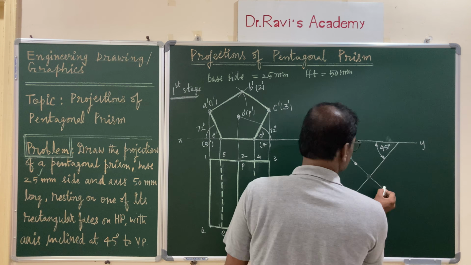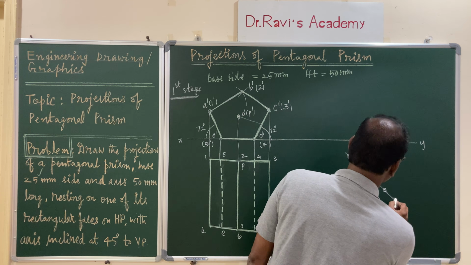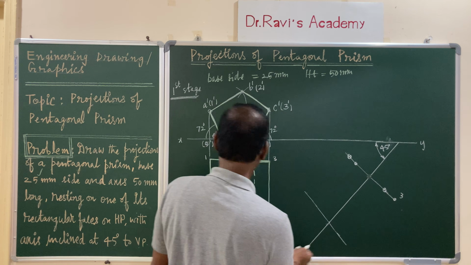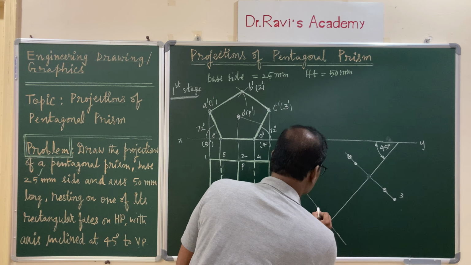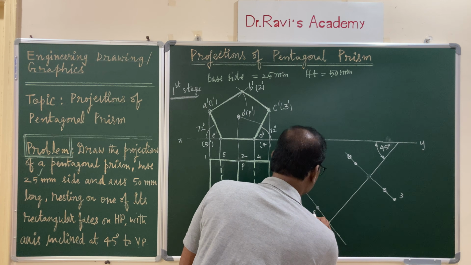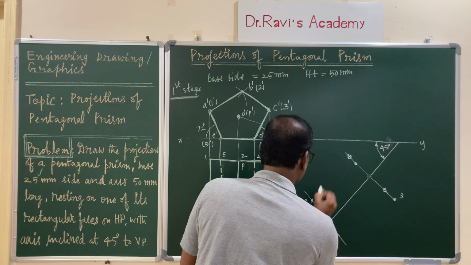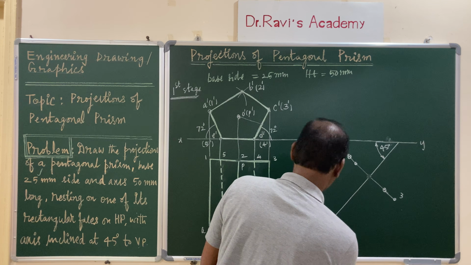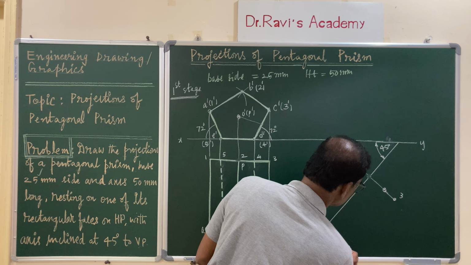Similarly, with the same distances, you mark this is 2 4, and this is 2 3. And the other side it is B, BE. So here with the same distance you will get E, and A is of course here, and it is D. Yes, you get D somewhere here, and C is somewhere here.